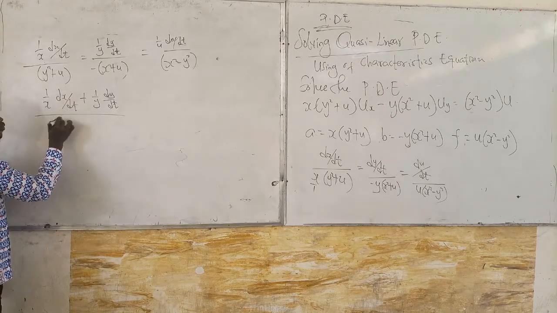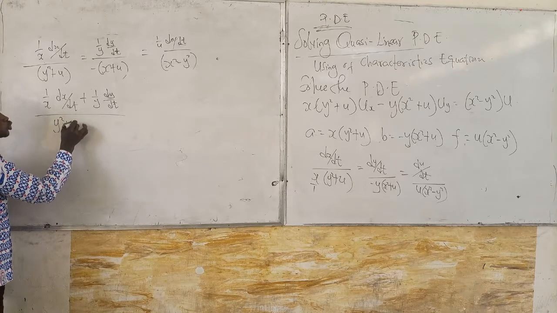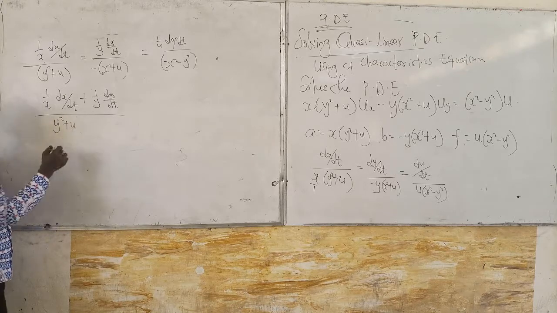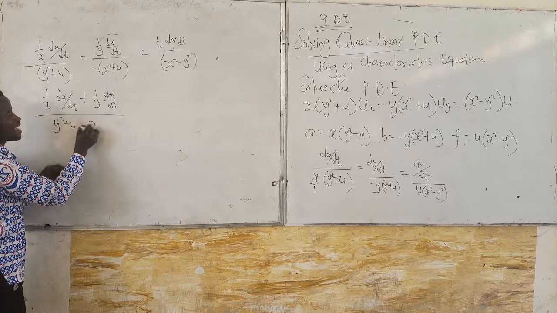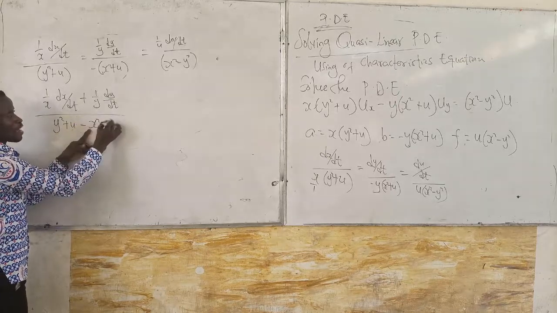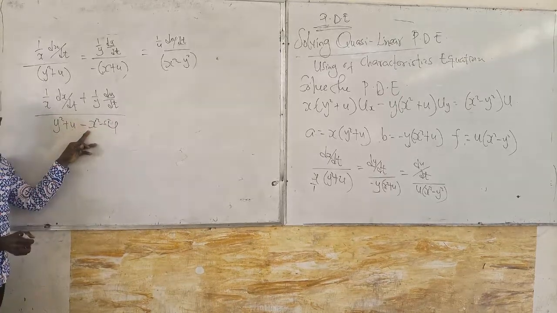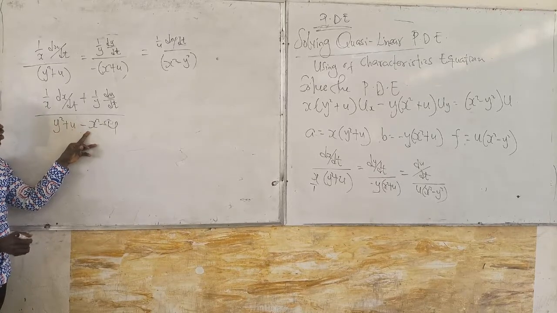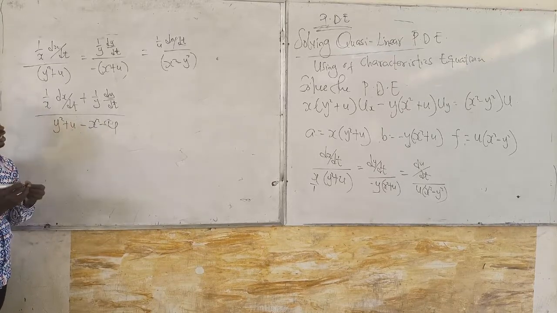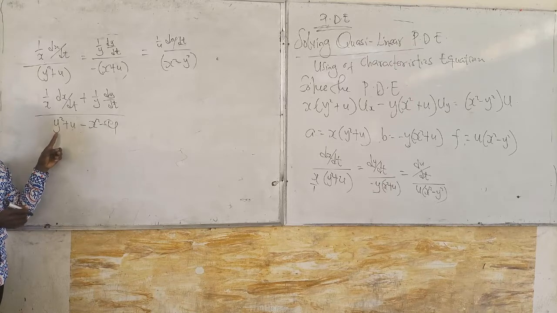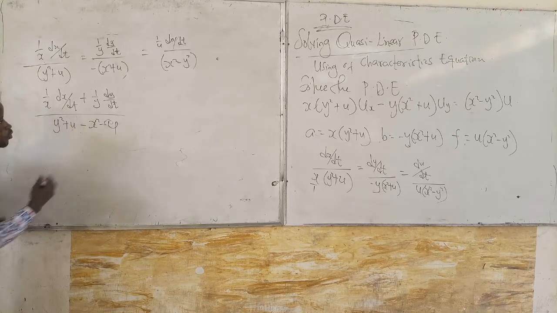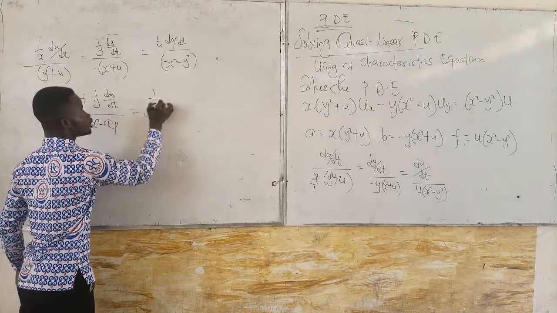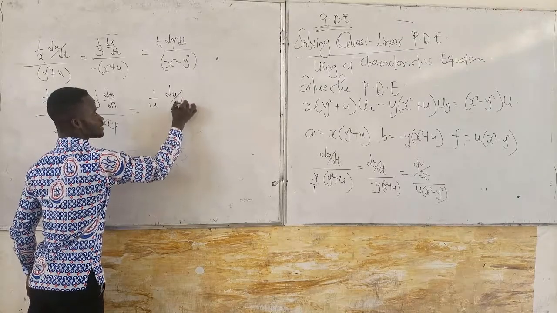What is that? y squared plus u, minus x squared minus u. And it will be left with y squared minus x squared. Very good. So watch, 1 over u du over dt.